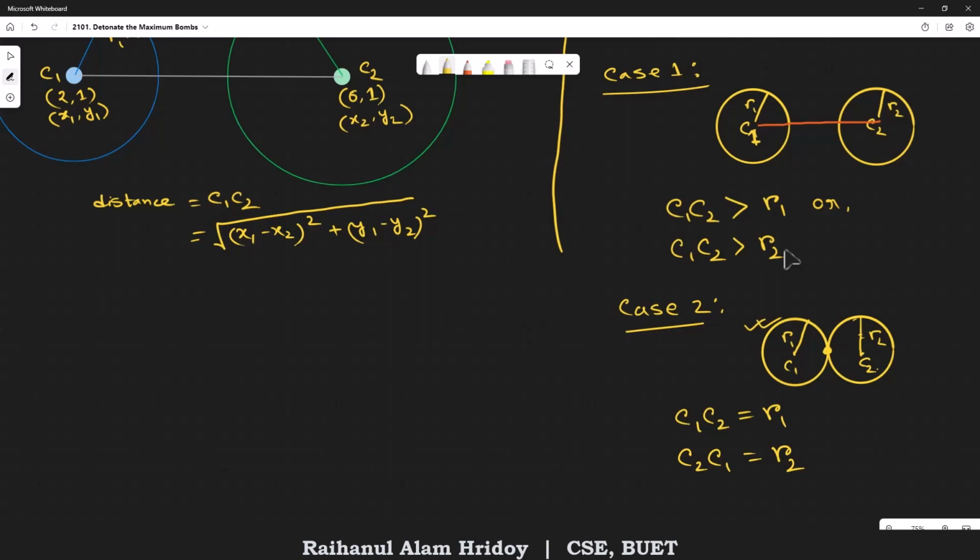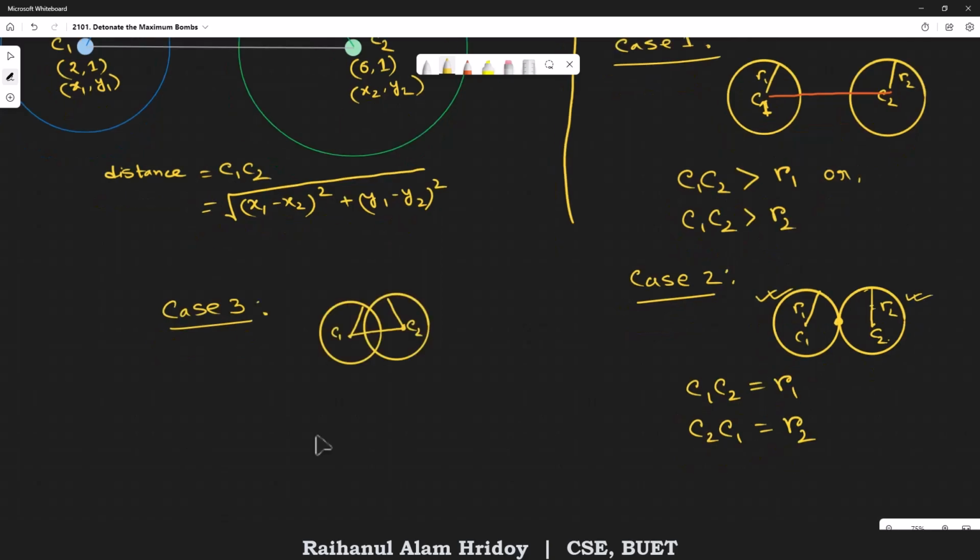Then there's case 3, in which C1 to C2 is less than R1, and C2 to C1 is less than R2. Now these are the cases when two circles can collide.